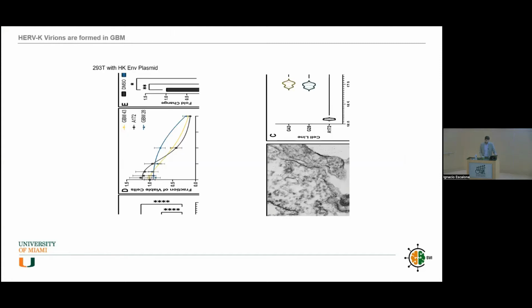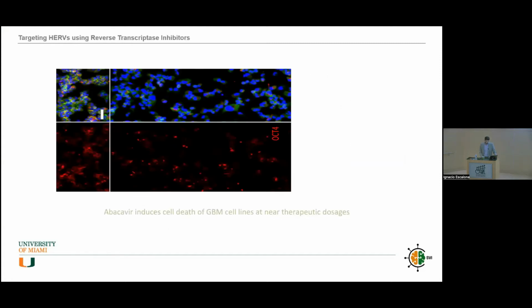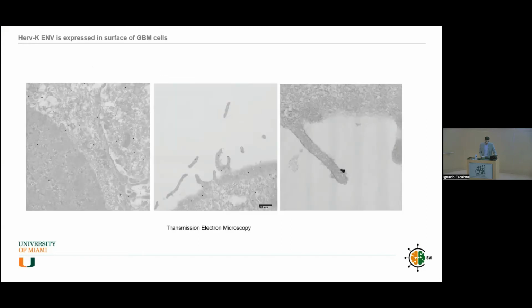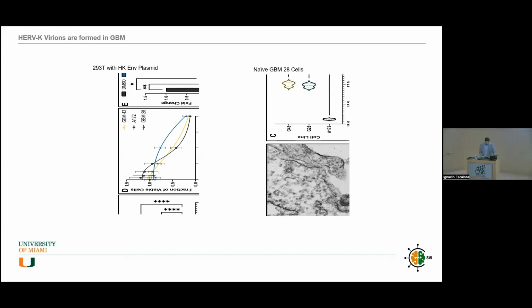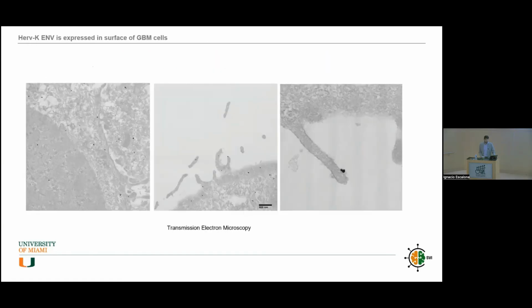Oh man, this is not the right images. Okay, well, this is the kicker I really want to show you guys, but you'll have to take my word for this. You can actually see retroviral virions being produced on the surface of the GBM cells. I don't have them captured here.